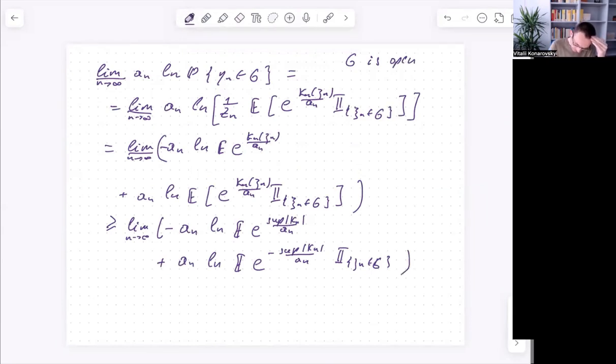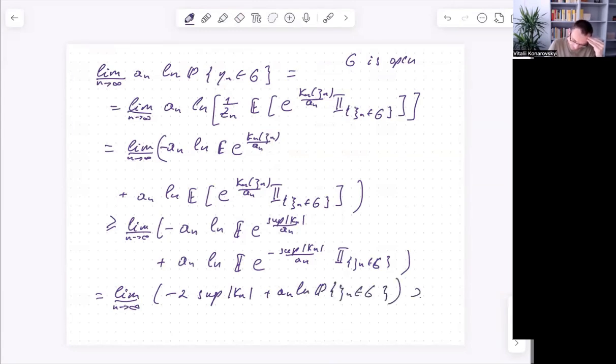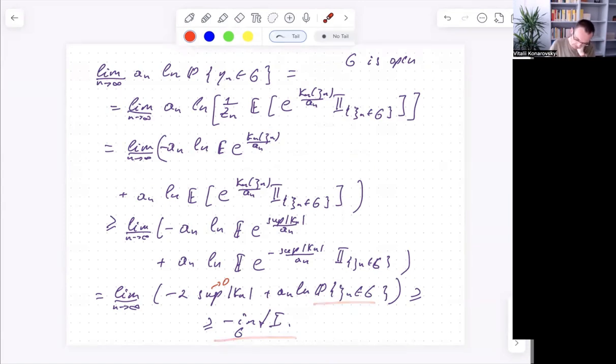And therefore, as before, you will get that this is lim inf, and then you have minus 2 supremum k_n, and then plus a_n logarithm of the probability that psi n belongs to G. That is larger or equal than minus infimum of I over G. Because again, this goes to 0 by the assumption, and the set G is open, and psi n satisfies the large deviation principle, so in particular it satisfies the lower bound that has exactly this form. That finishes the proof of our statement.